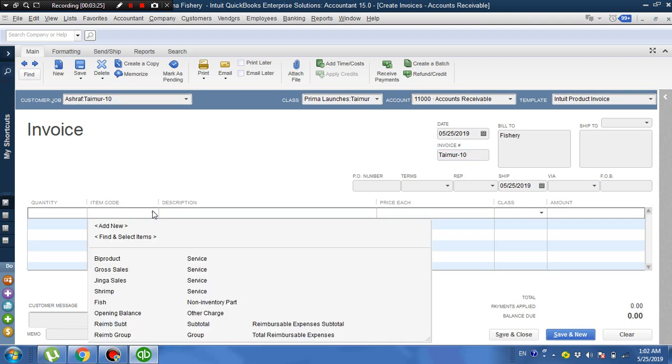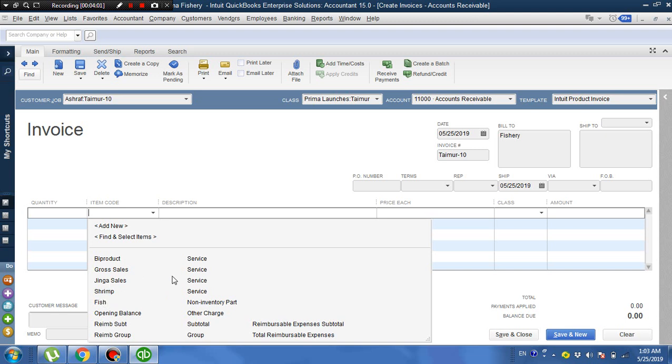We have to select here an item in which we have categorized our sale. Here is a byproduct, gross sales, Jinga, prawn sale, shrimp sale, fish sale.